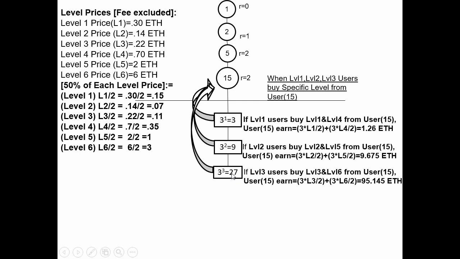And 27 in the third level, you can see. If these 27 people buy level 3 and level 6 from this user, user 15 will get 95.145.